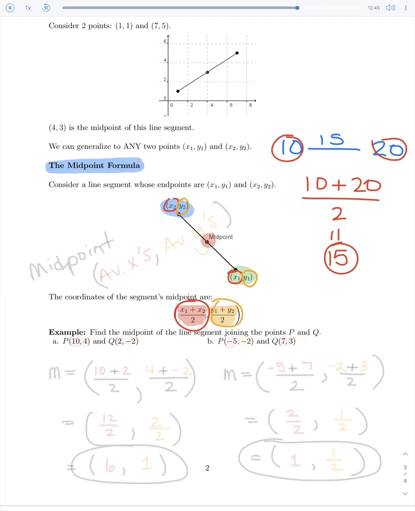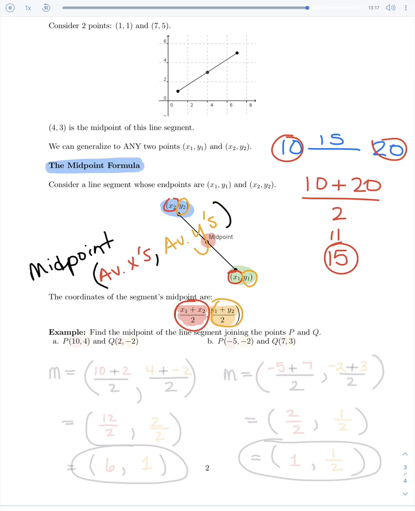So what we're going to do to find the midpoint, our midpoint is always going to be where we average the x's, and then for the y's, we will average the y's. That's all. So it may look like a fancy formula, but that's all we're doing. To find the midpoint, we're going to average the x's and average the y's.